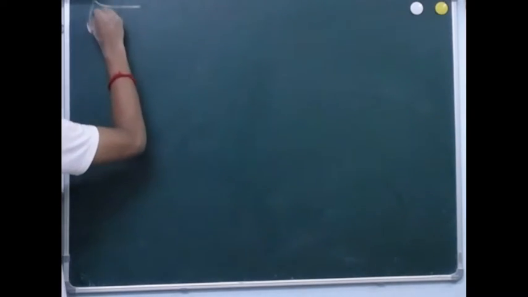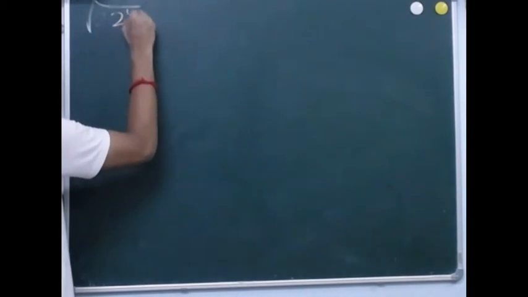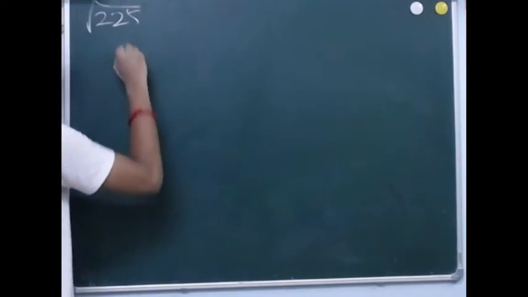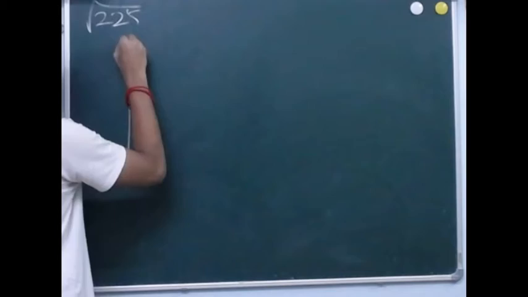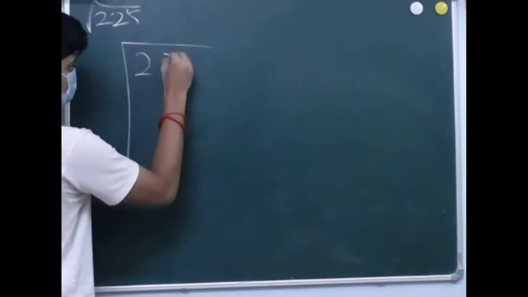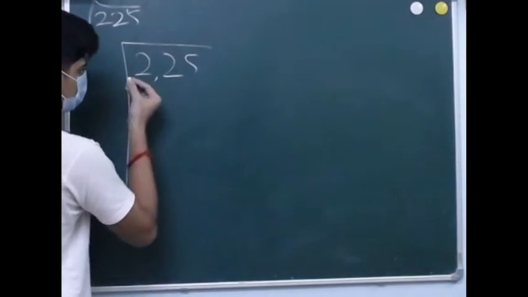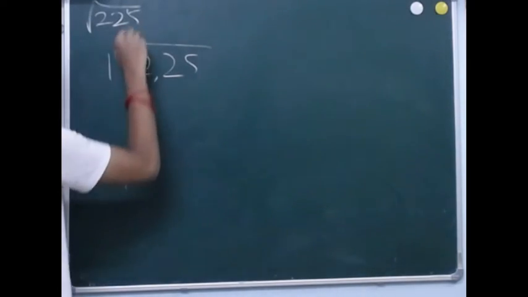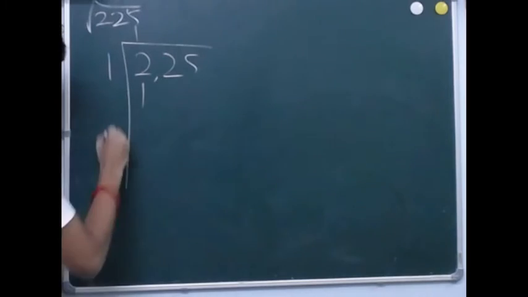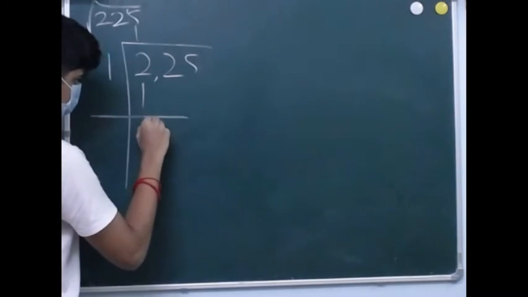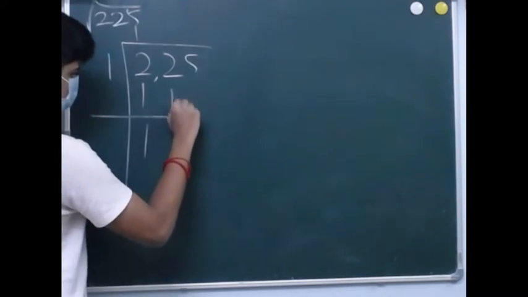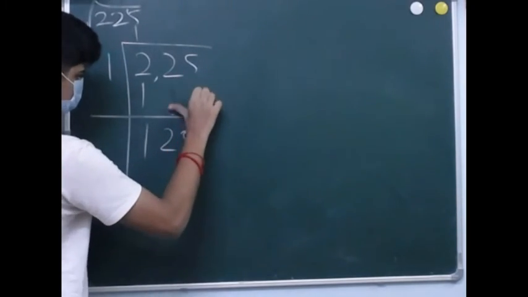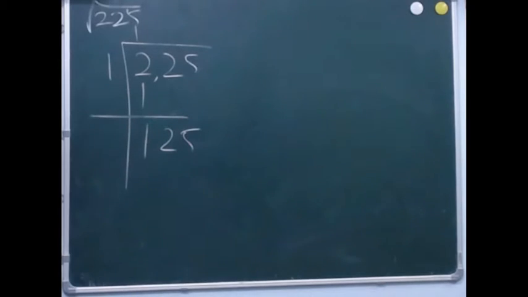225. Write properly. Don't write that arrow mark, leave it. So 225, you have to drop that 25.